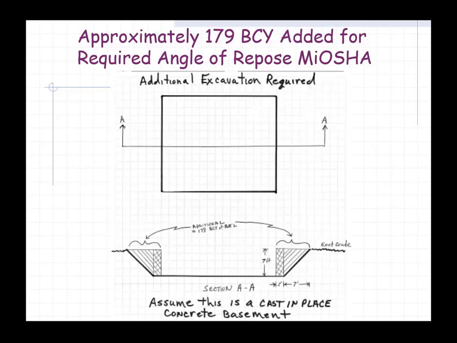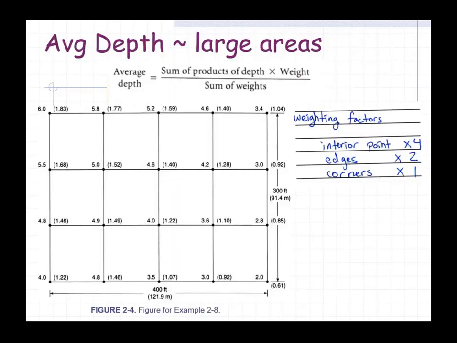That's almost double the original excavation volume for just the basement itself in order to safely construct this facility. Next, let's look at an example for much larger areas of excavation.